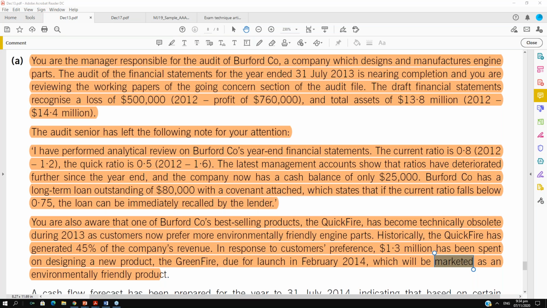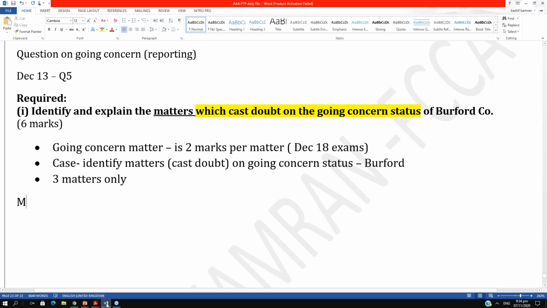So I hope you have found the matters and you agree with me. If we can reconcile the matters, everyone. The first matter, which all of you must have identified, number one, is a loss-making company. Agree? Disagree? The second matter you must have identified is the current ratio.